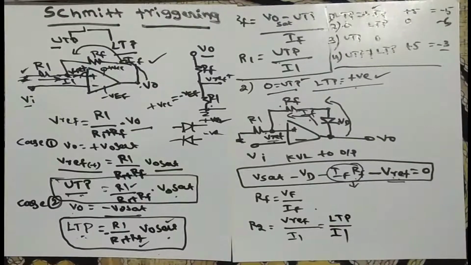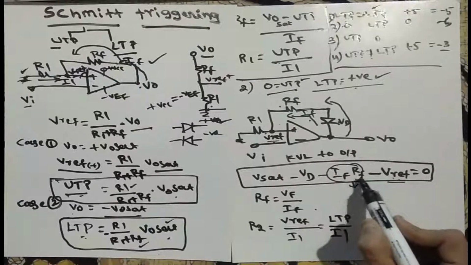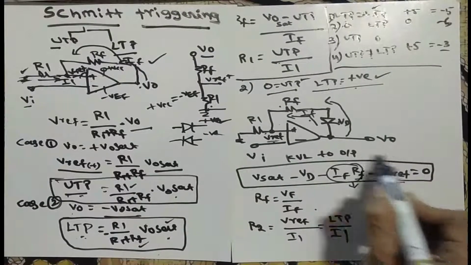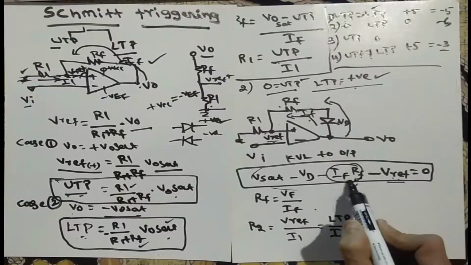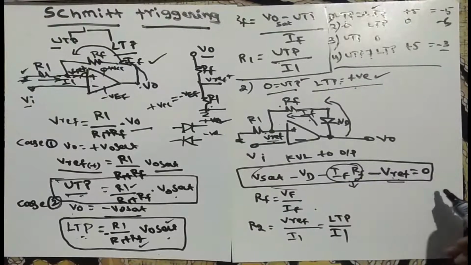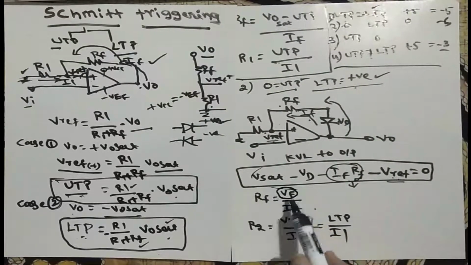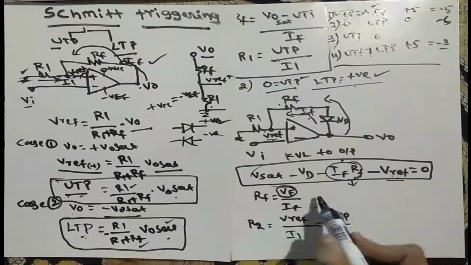This is how we find it. Another method to find RF is also possible. You can take RF into IF and take all the values. Instead of writing VF, I simply wrote this portion as VF and was done.